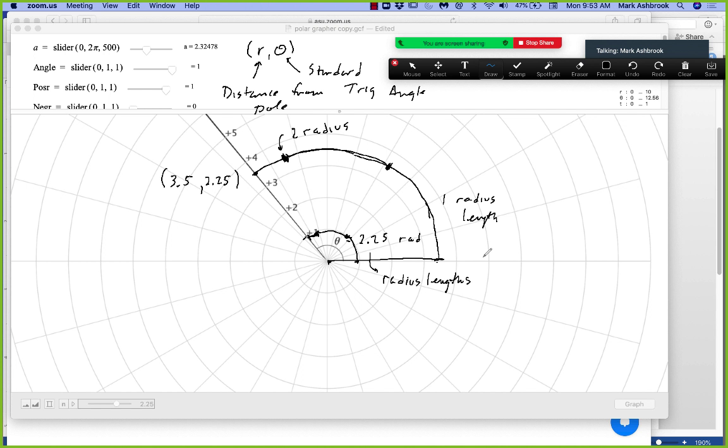Okay, so this proportionality, right? The distance along the arc is proportional to the radius. So that's what 2.25 radius lengths means. It says pick any circle, take its radius, lay 2.25 radii along that circle, and it'll take you this far around the circle, and that's the angle measure 2.25.